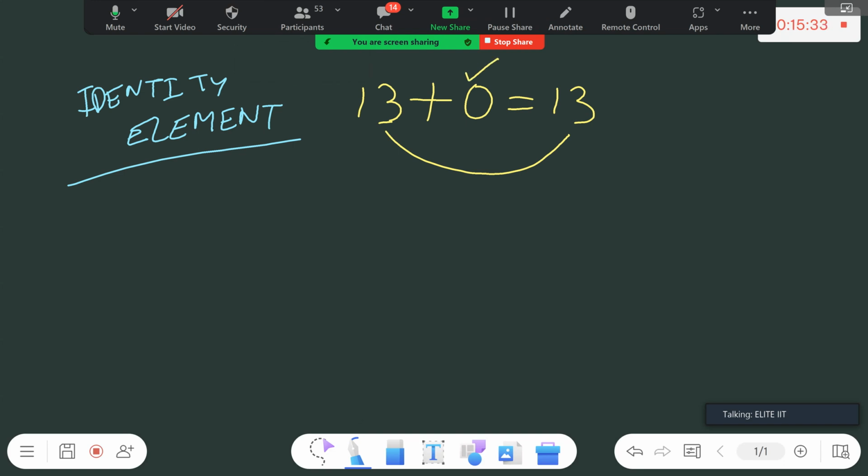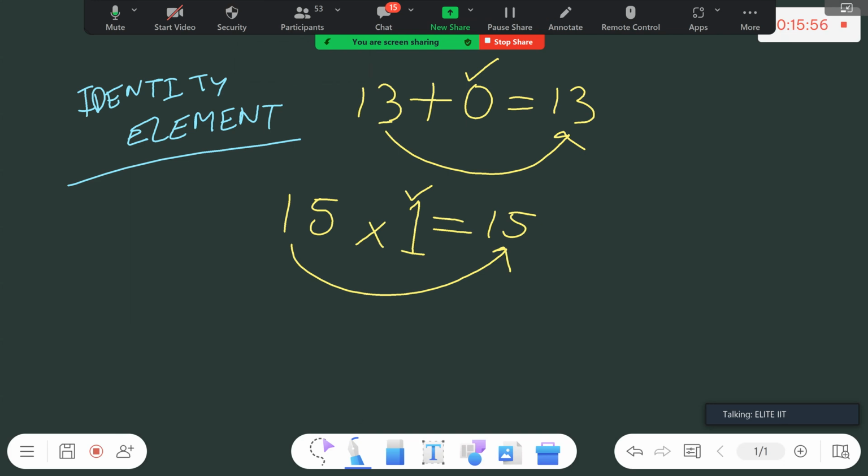And what is the identity element of multiplication? If you multiply any whole number with 1, you will get the same whole number. So 1 is the identity element of multiplication. These are the respective identity elements. Identity element helps you maintain your identity: 13 will remain 13 plus 0, and 15 into 1 will remain 15.